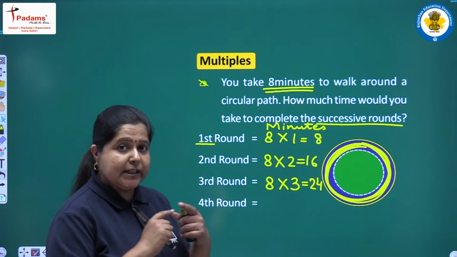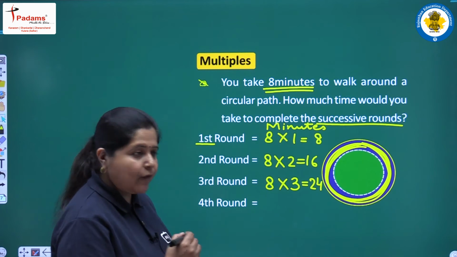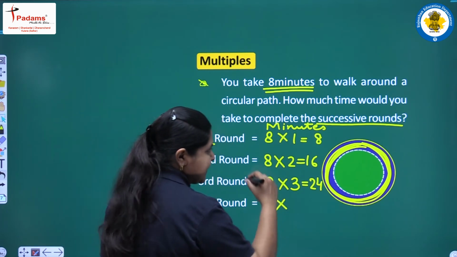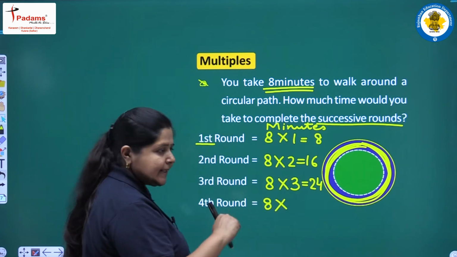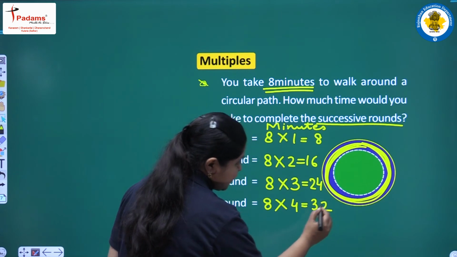You will take 24 minutes to complete the third round. Then for the fourth round, you will take one more round of 8 minutes, and the total time will be 8 4s are 32.